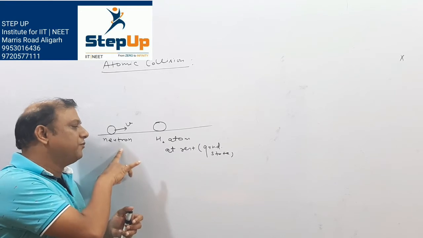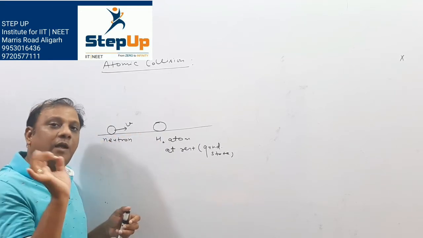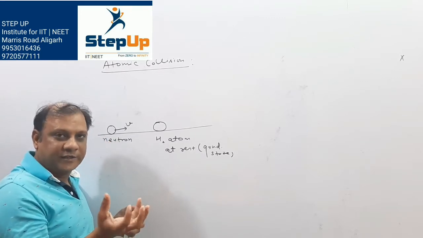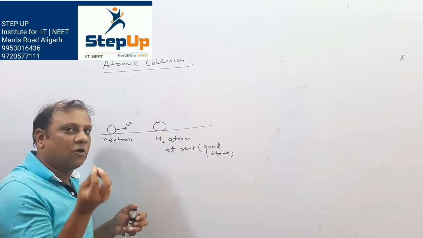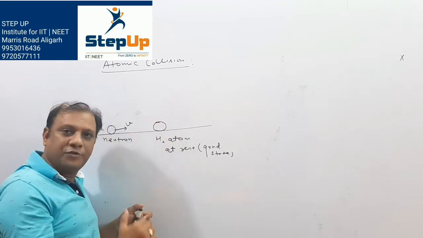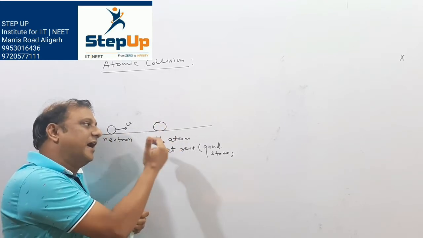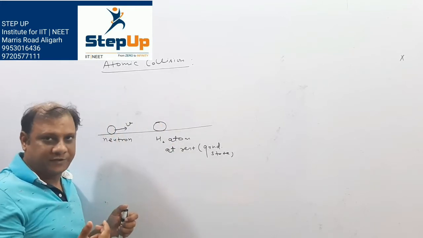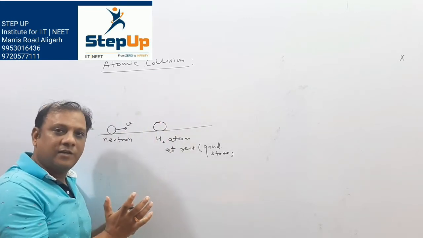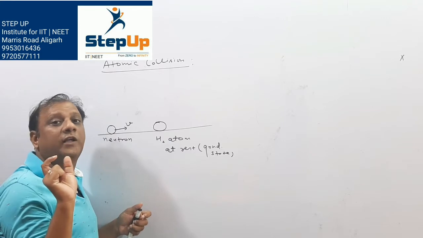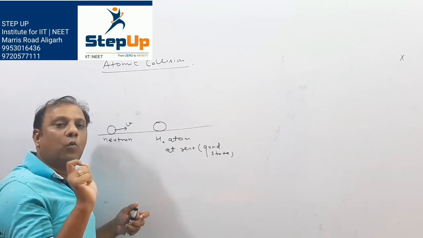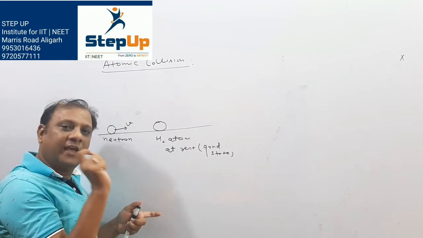If the collision between the neutron and the hydrogen atom becomes inelastic, some energy is lost, and that energy is absorbed by the electron in the hydrogen atom and helps it jump to an excited state. It means if the electron jumps to an excited state, the collision is inelastic. Now we are going to find out the condition when the collision is inelastic.